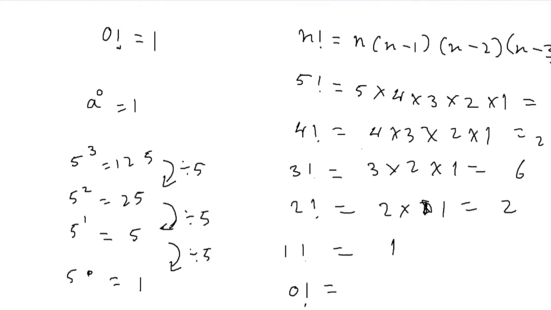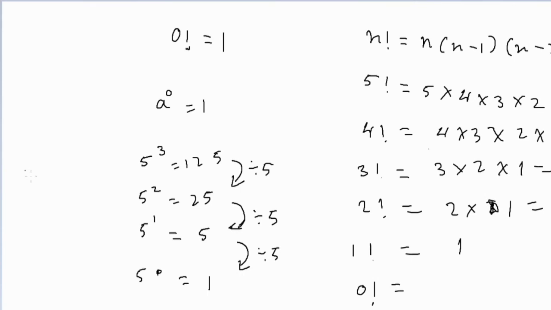Let's take 3 for example. So 3 to the 3, that's 27. 3 to the 2 equals 9. 3 to the 1 equals 3. And 3 to the 0 equals, well, let's see the pattern.